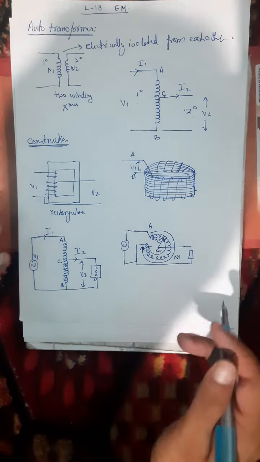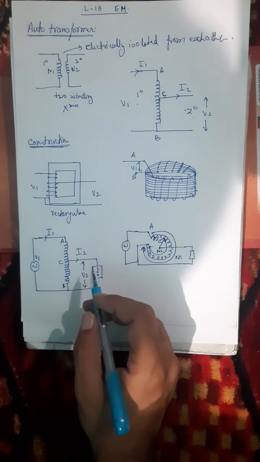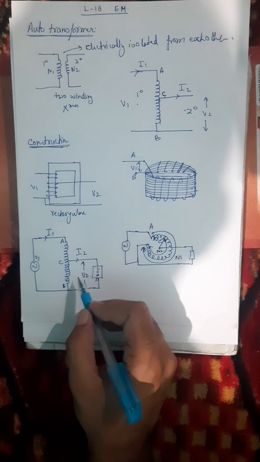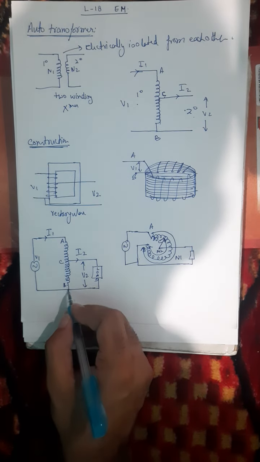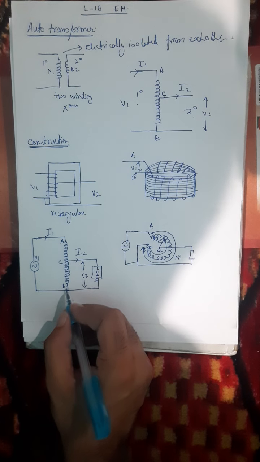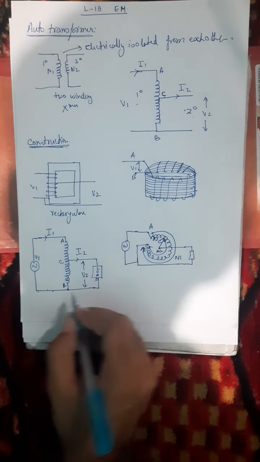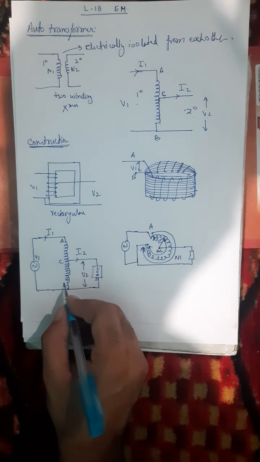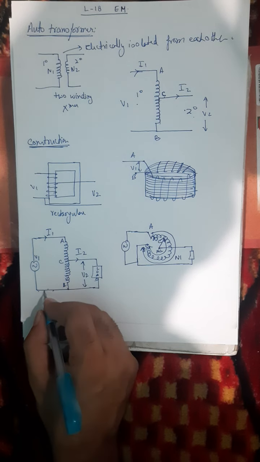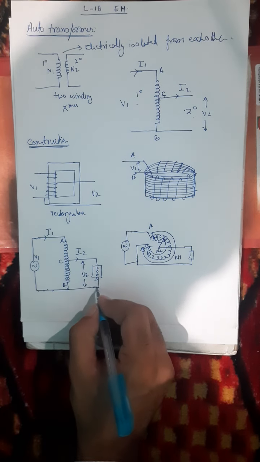Okay, so in this figure I am showing that terminal B here and terminal B here is common, means it is a common point from which one terminal of both the primary and the secondary are taken out.